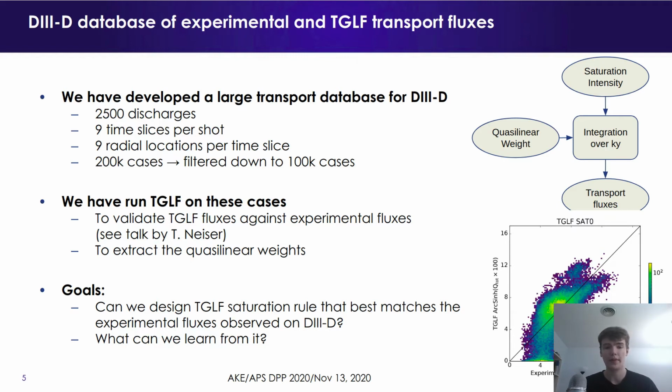And if you want to know more about that, you can see Tom Neiser's talk, and then we extracted the quasilinear weights as well. And so the goal for this is really the question that we're asking is, can we design a TGLF saturation rule that best matches the experimental fluxes observed from DIII-D? And then once we get that saturation rule, what can we learn from it?